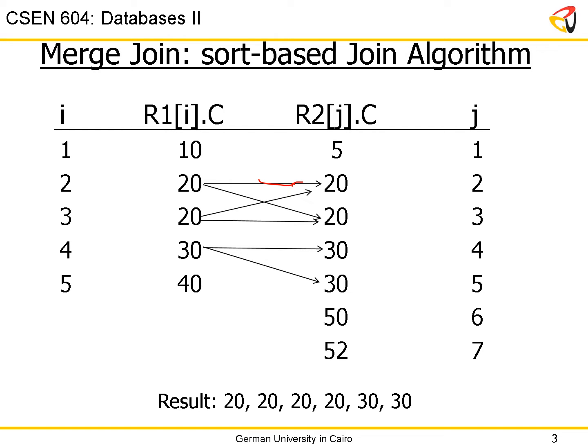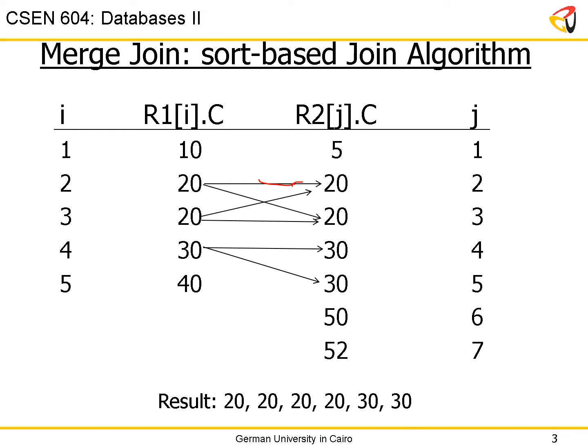But once I see the same value on both sides, when I is equal to 2 and j is equal to 2, I will see the 20 and the 20. What I'm going to do is look for other 20s that I can match with in R2.c. So I will advance j down. I will find the second 20. So I will match the first 20 in R1.c with the second 20 in R2.c.